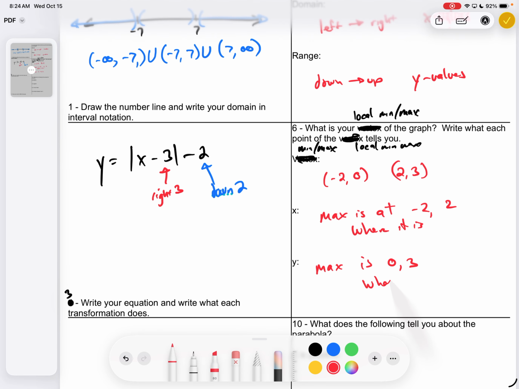This tells you what it is. I think I used the word vertex because it's going to switch between maximum and minimum, and technically that is a vertex. There are multiple vertices on the problem we had. I probably just got one on the example I did when I was making this. But what I'm looking for here is the X tells you where it is, the Y tells you what it is.